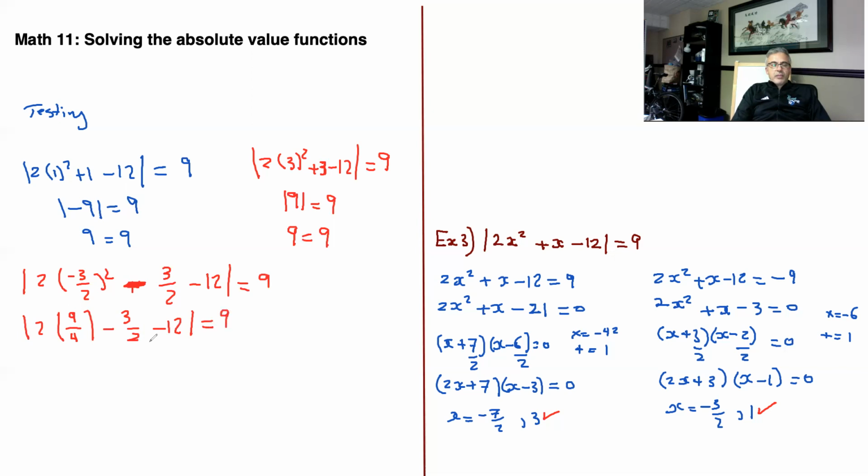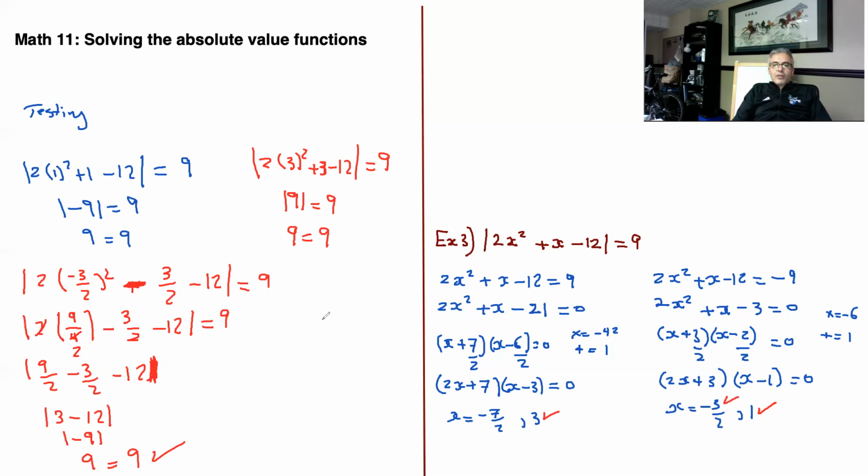Absolute value, does it equal 9? So the 2 reduces with the 4. That's 1. And that just gives me 2. So basically we have absolute value of 9 over 2 minus 3 over 2 minus 12. So 9 over 2 minus 3 over 2 just gives me 6 over 2. And 6 over 2 is 3. 3 minus 12 gives me absolute value of negative 9, which is 9 equals 9. And negative 3 halves also checks.